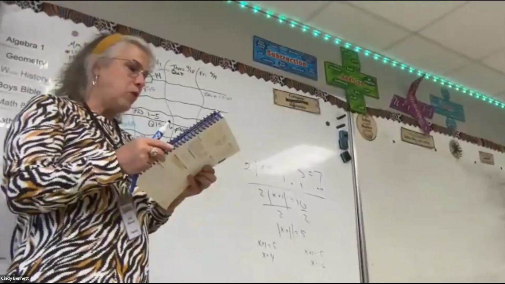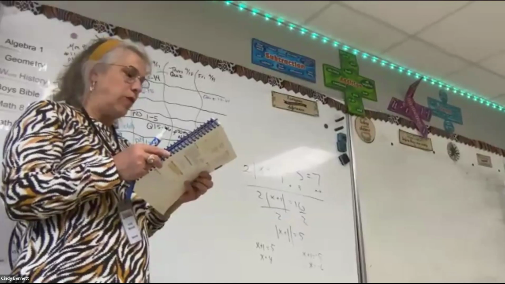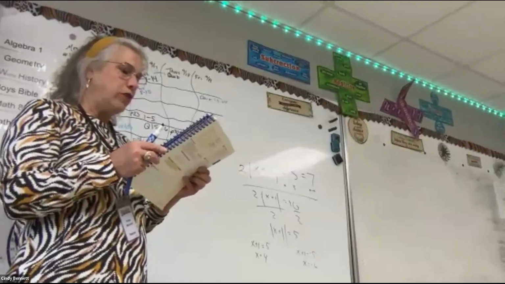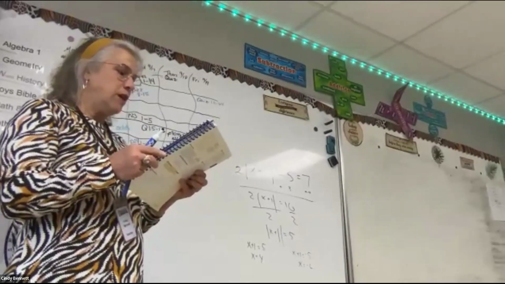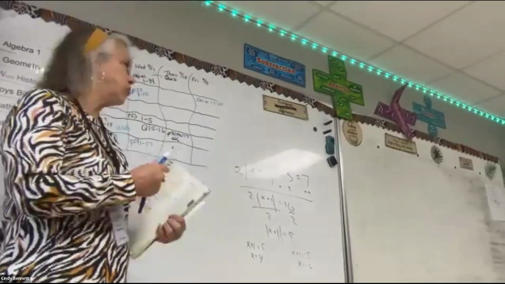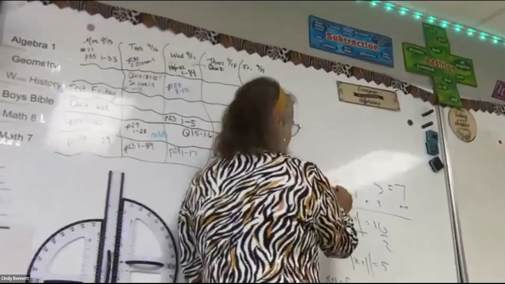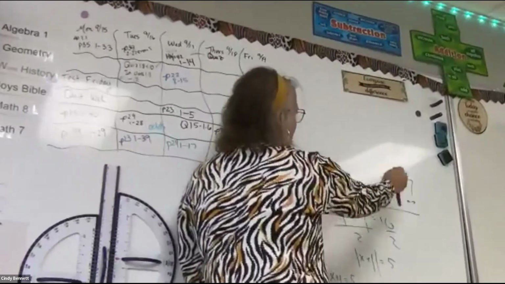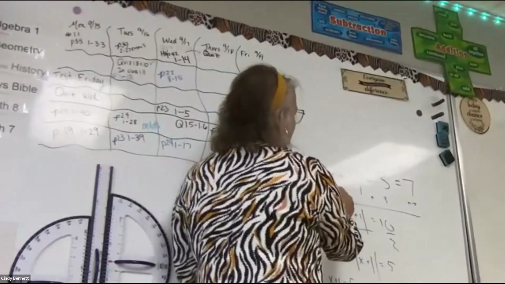All right, so number 1, isolate the absolute value expression. Number 2, write two separate equations. Number 3, solve each separately. Number 4, check the solution. So for 4, you go 2 times 5 is 10 minus 3 is 7. Negative 6 plus 1 is negative 5.